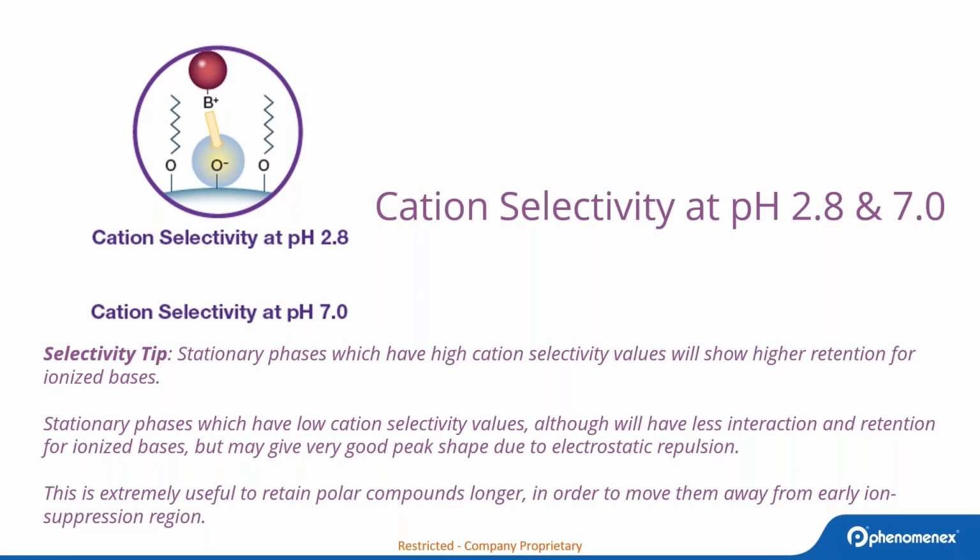Stationary phases which have low cation selectivity values, although they have less interaction and retention for ionized bases, may give better peak shape due to electrostatic repulsion, right? This is extremely useful to retain polar compounds longer and in order to move them away from the void or from the early ion suppression region if you're working with mass spec.